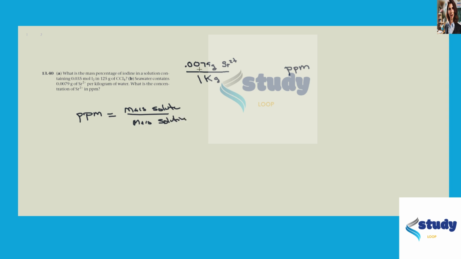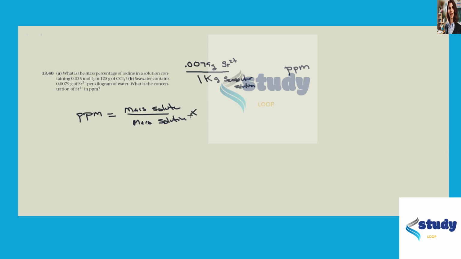And they gave us this. This is our mass of our solute over the mass of our seawater solution. All right. So all we have to do is change it from grams to kilograms into parts per million.